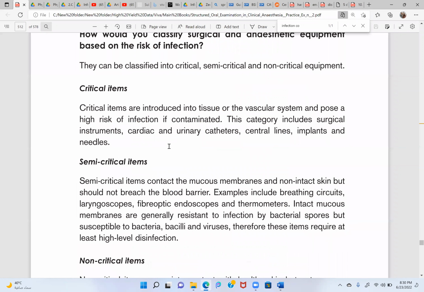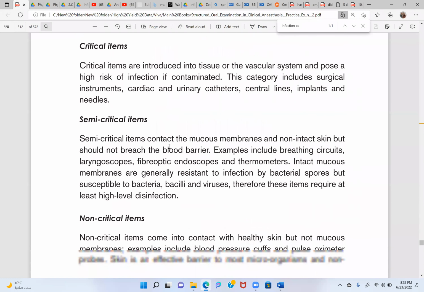So these anesthesia equipment are divided into critical items, semi-critical items, and non-critical items. Critical items are those which pass through the mucous membranes or cut in, like surgical equipment, cardiac and urinary catheters, central lines, implants, needles. So these are critical items.